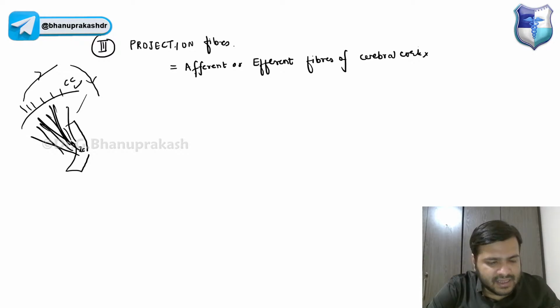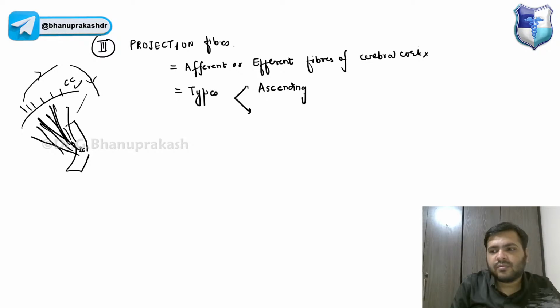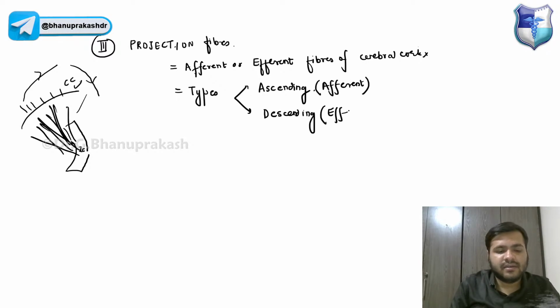These are the ascending or the descending tracts. Ascending means afferent आने वाली, descending means efferent जाने वाली, right?